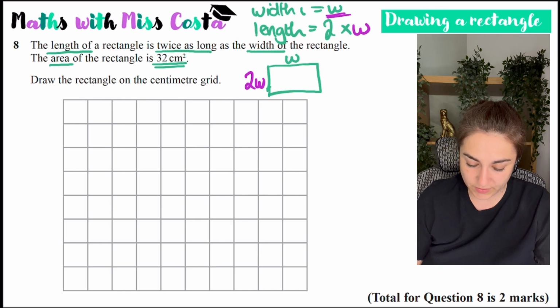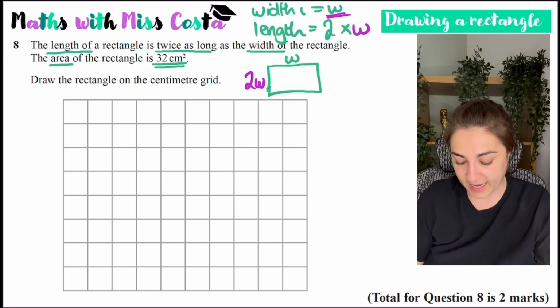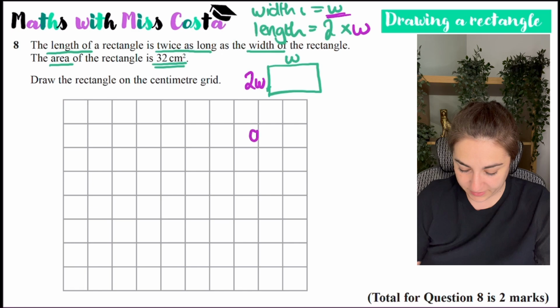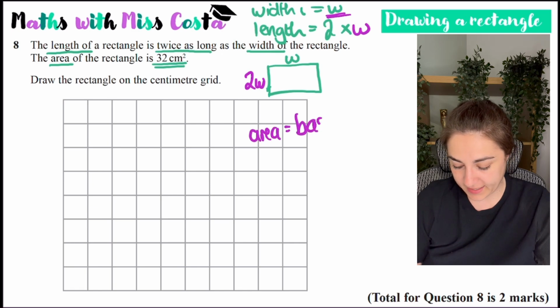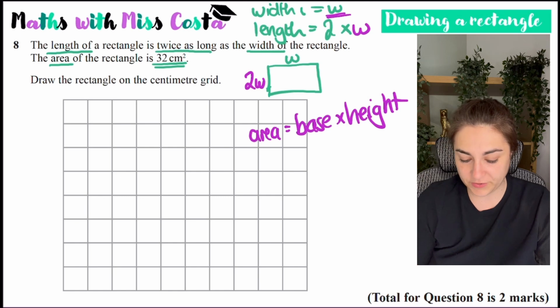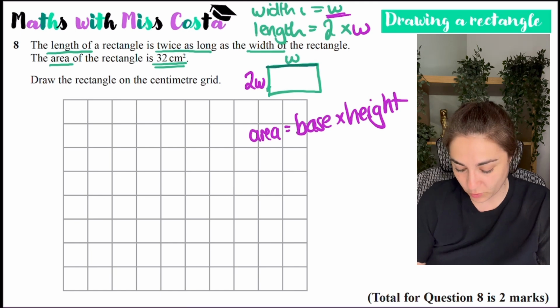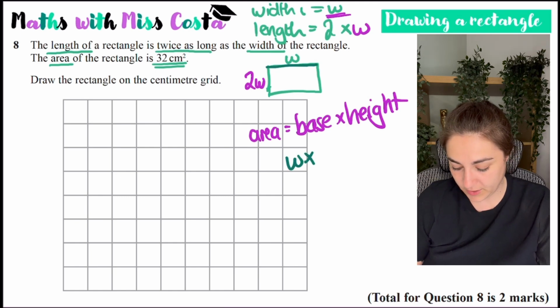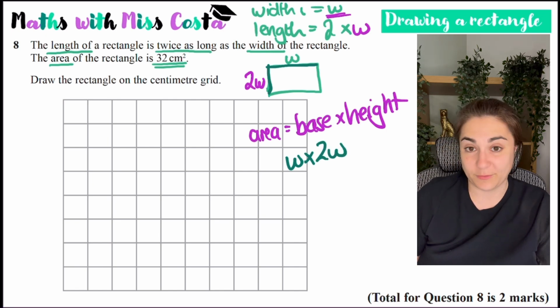So 2W times W must make, how do we work out area? Area is simply base times height for a rectangle. So each dimension multiplied by the other. So I've got W times 2W is going to give me my area.